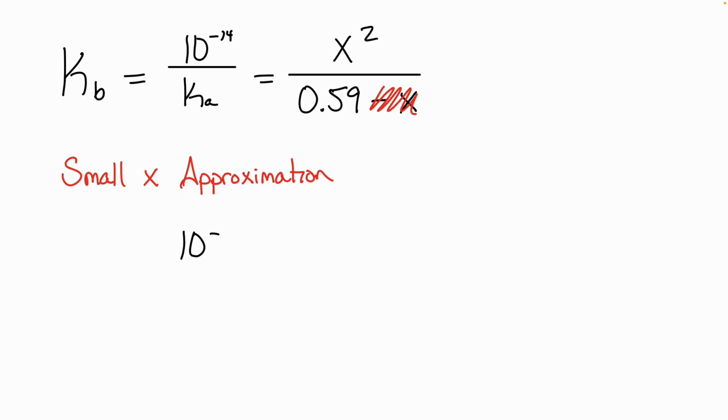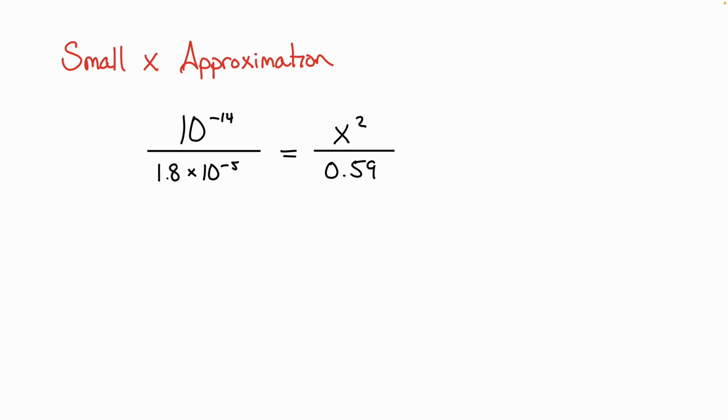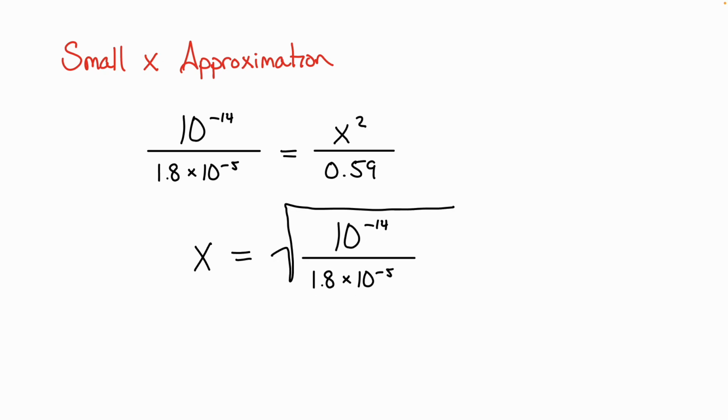So this becomes 10 to the negative 14 divided by that 1.8 times 10 to the negative 5. That equals x squared over 0.59. Or if I rearrange this here, I get x equals the square root of that Kb, 10 to the negative 14 over Ka, times that concentration of 0.59.